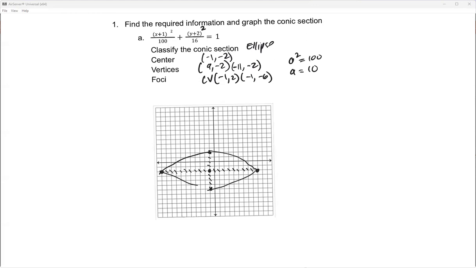And then our focus will be a squared minus b squared equals c squared. So c squared is equal to a squared minus b squared. And so 100 minus 16 is 84. So c is equal to the square root of 84, which is like 9.2. So you should put it like right here, right here.